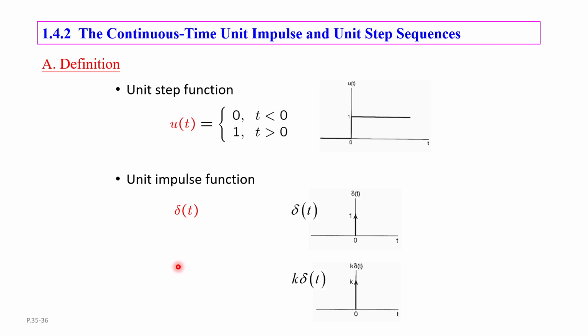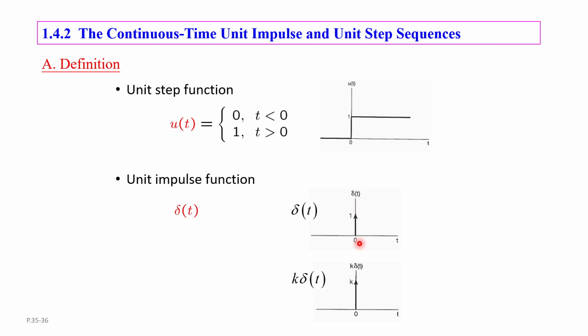Now the weird thing is the unit impulse function. Mathematically speaking, this is not actually a function because it's undefined at t equal to 0, and that's actually an important part.